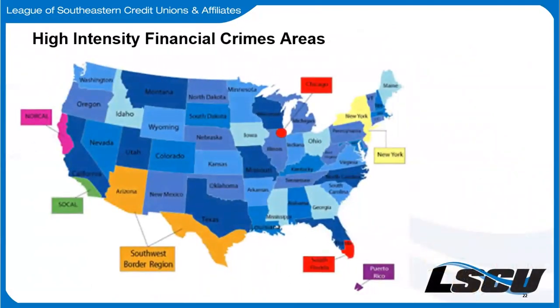And then this map is for our high intensity financial crime areas. The highlighted areas that are not in blue are what we classify as those areas. And if you have a high concentration of members or a location in any of these areas, it is important that these items are included in your credit union's risk assessment.